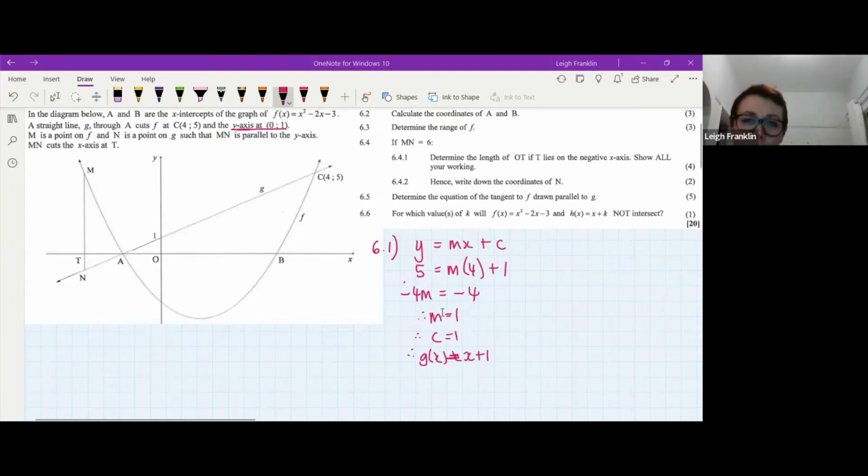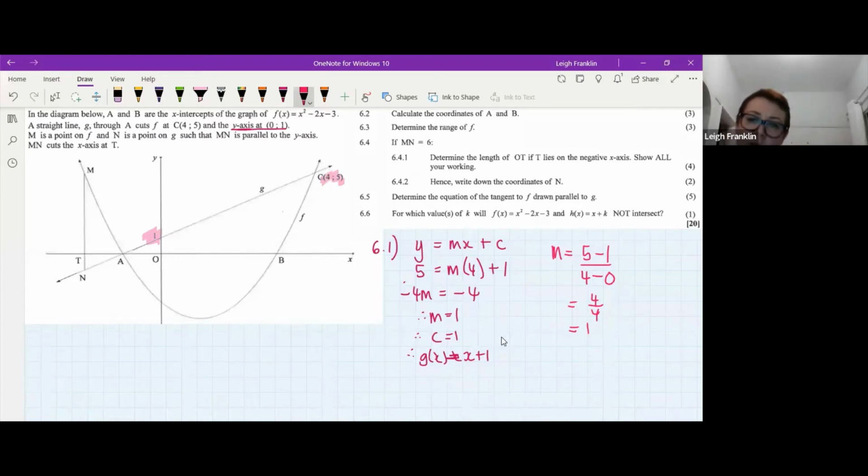The other thing that you could do here, Matrix, is calculate the gradient of the line using the y-intercept and this point over here. Your alternative was m equals 5 minus 1 over 4 minus 0, which gives us a gradient of 4 over 4, which is 1.